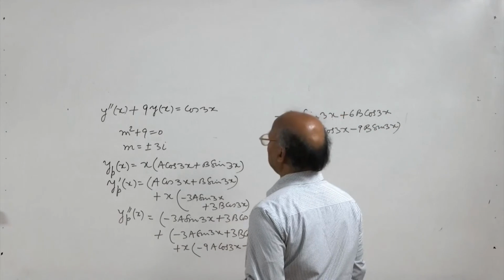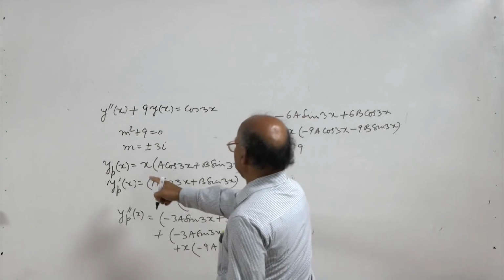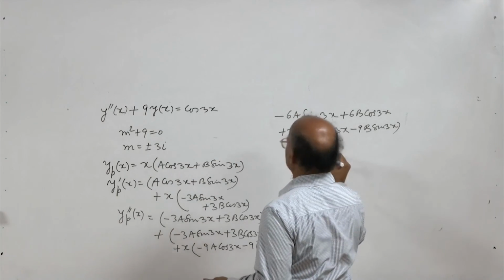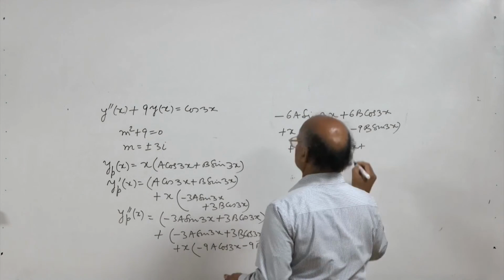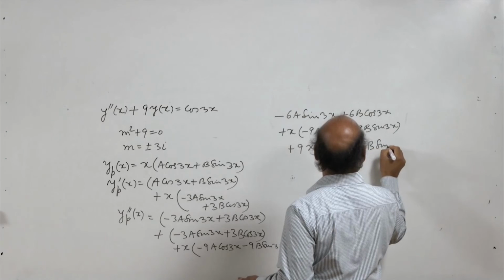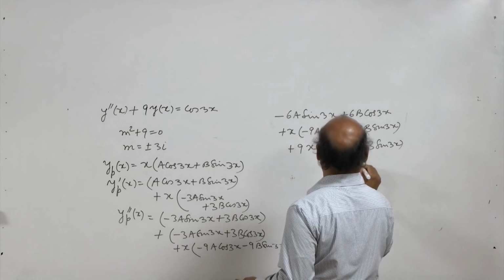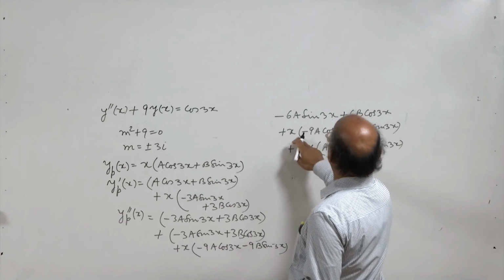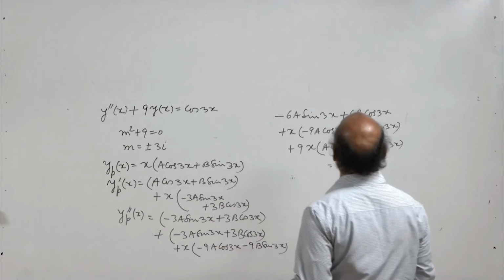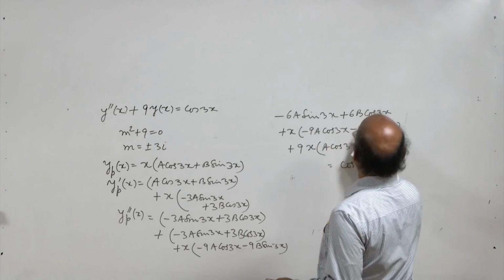So this is y_p'' plus 9 times y_p(x), and y_p(x) is x times (a cos 3x + b sin 3x), equal to cos 3x. Now 9x times a cos 3x will cancel with minus 9a times x cos 3x, and 9xb sin 3x will cancel with minus 9b sin 3x.